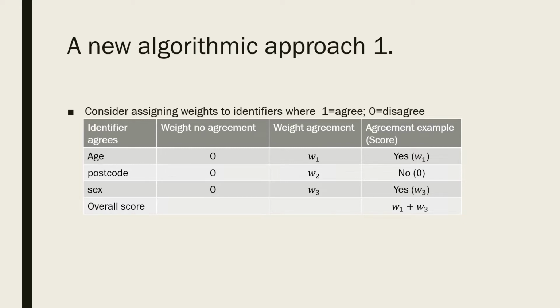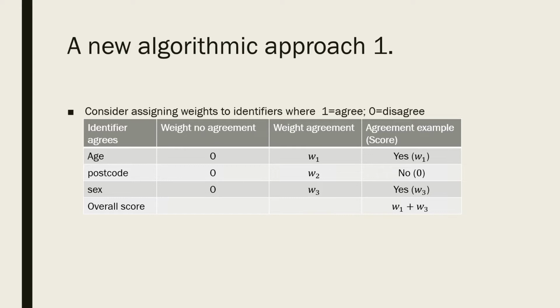I'm going to talk about an elaboration of this in a minute. For postcode, again, the same thing. If there's agreement, you assign a weight of W2. For sex, if there's agreement, you assign a weight of W3. And then the total weight or score for that candidate pair of records, one from one file and one from another file, is simply the sum of those weights.